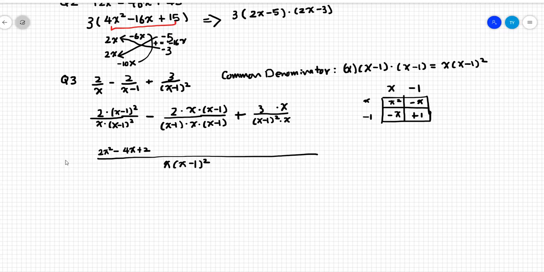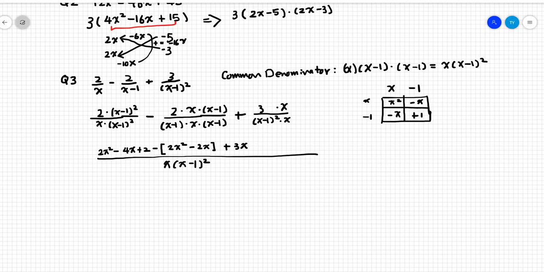Now the next one, you have to be careful because you got minus in front of it. Now you got 2x in the front, then multiply to x times minus 1 there. So you got 2x squared and the minus 2x. Then plus 3x.